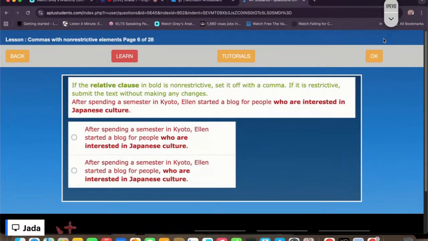Okay. After spending a semester in Kyoto, Ellen started a blog for people who are interested in Japanese culture.